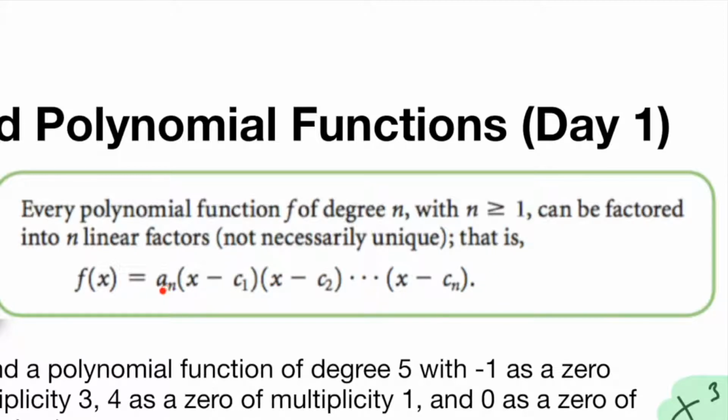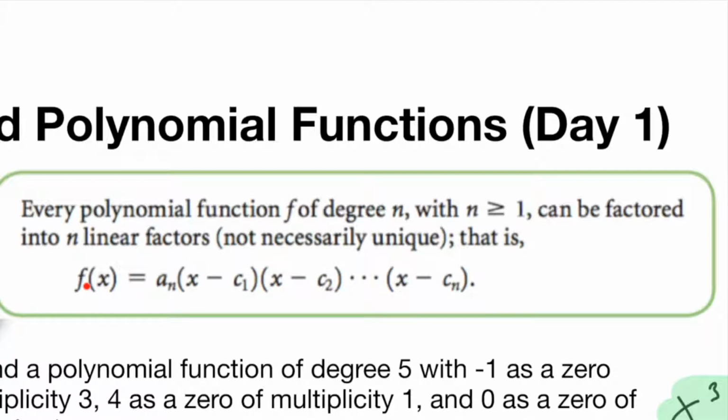Basically you can take every polynomial function and turn it into this format: a number out front if you need, and then x minus a zero times x minus a zero times x minus a zero, and there are going to be n of these. Like if it's a cubic function, then n is 3, so there are going to be 3 of these. These are not necessarily going to be unique, but you can always do that.